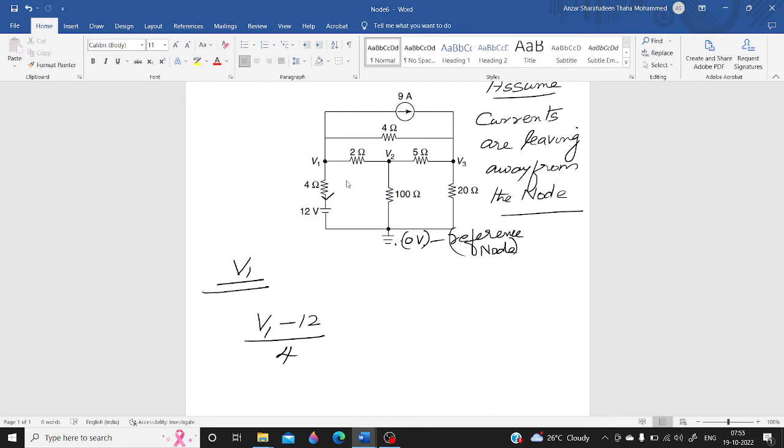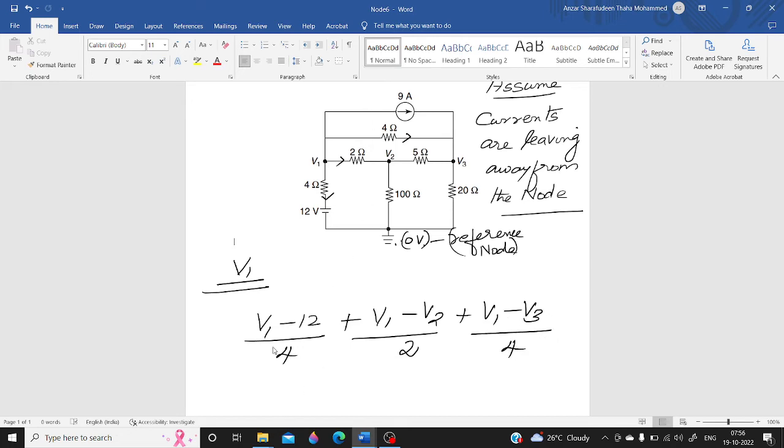That current is done. And this current, this is the direction, so plus (V1 minus V2) divided by 2. And now the third current: this potential is V1 and this potential is V3, so it is (V1 minus V3) divided by 4.